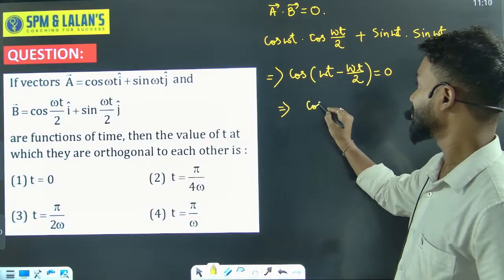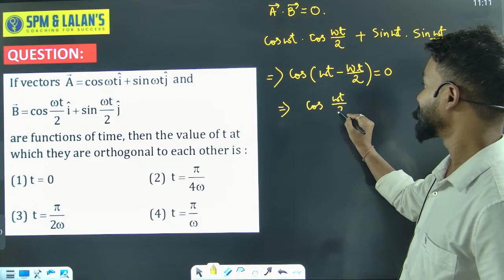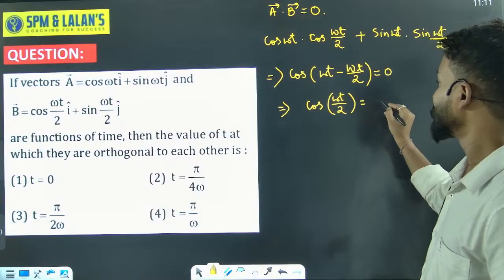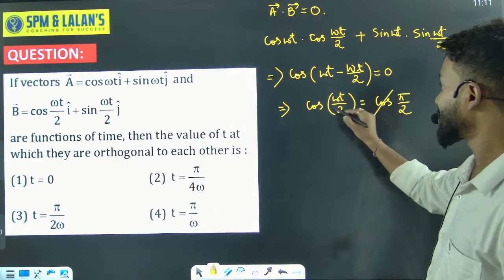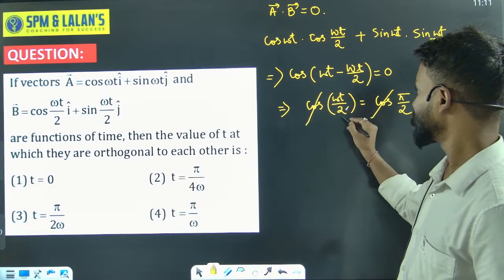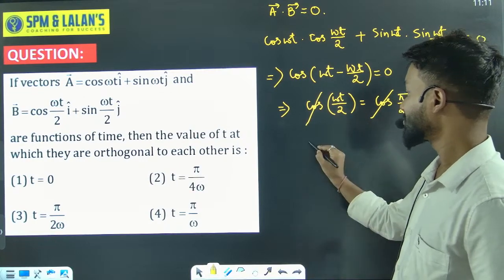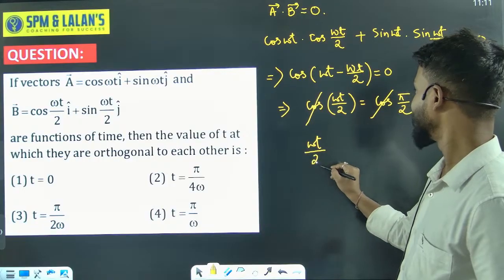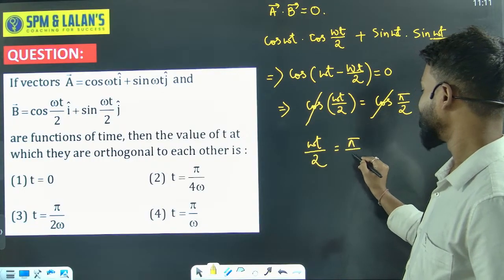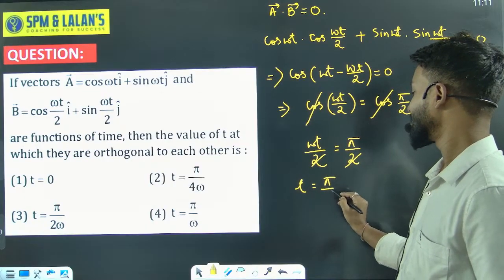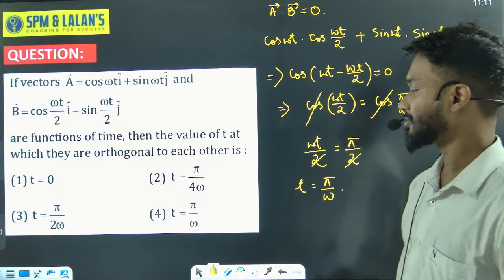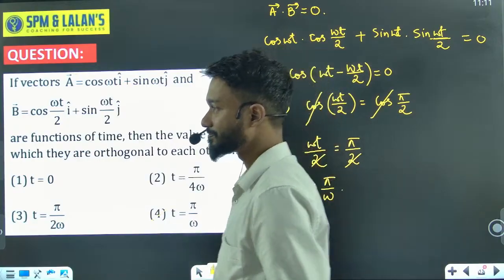So this will be cos of omega t by 2, and 0 means cos 90 degrees, and 90 means pi by 2. Cos and cos will cancel out. So omega t by 2 equals pi by 2, the 2s cancel out, so t will be pi by omega. Answer will be option number 4.